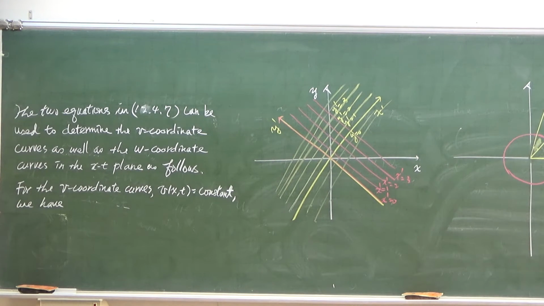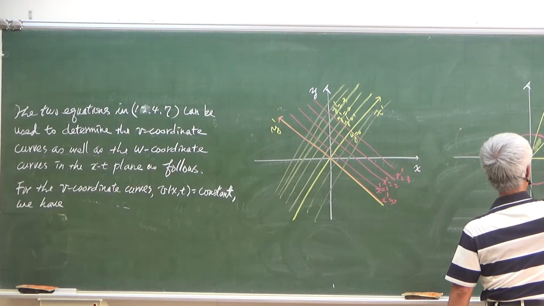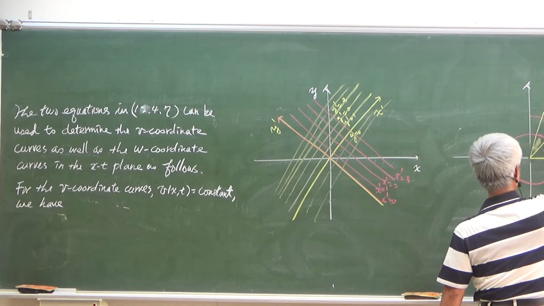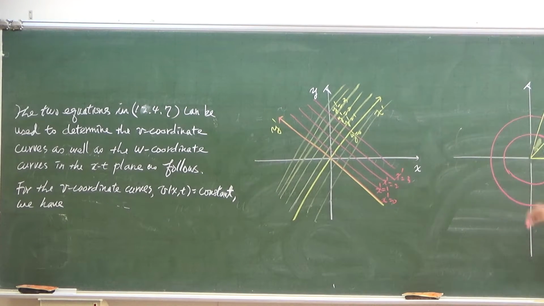So these are coordinate lines. And this one is r equal to 1, r equal to 2. So these are the coordinate curves: for r you have circles, and for theta you have rays. You transform the Cartesian coordinate into polar coordinate.